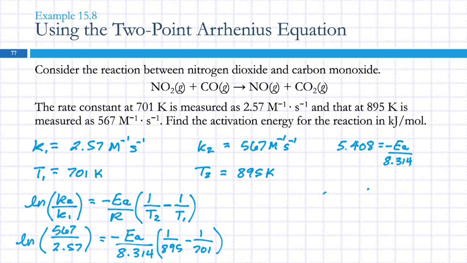Then let's do that fraction thing. And we don't need to do what you do in math class where you find common denominators. You just do 1 divided by 895 minus 1 divided by 701. And I'm getting negative 3.09 times 10 to the minus 4.